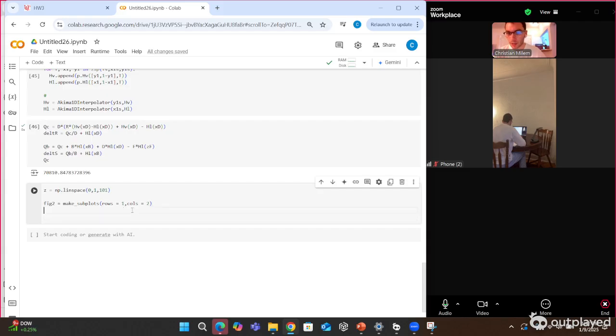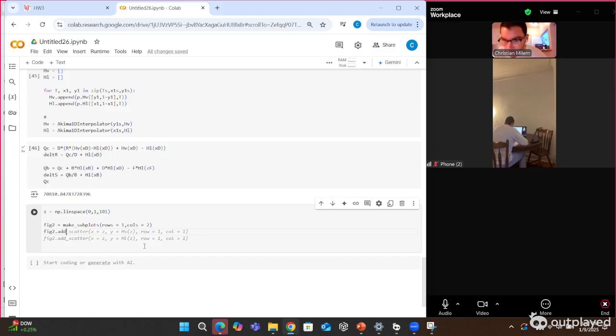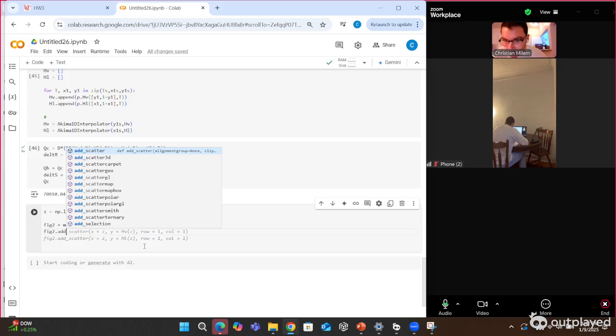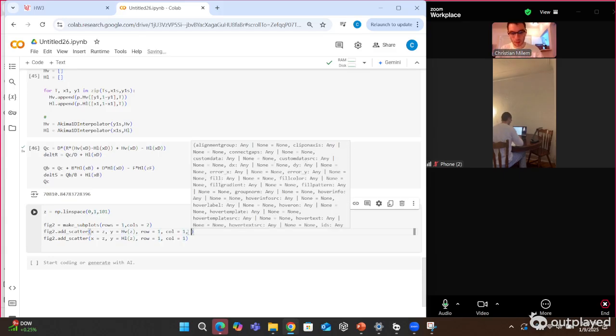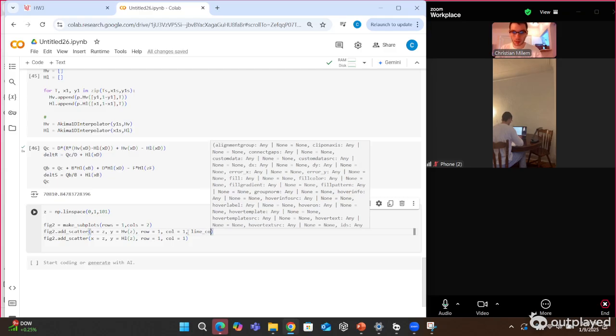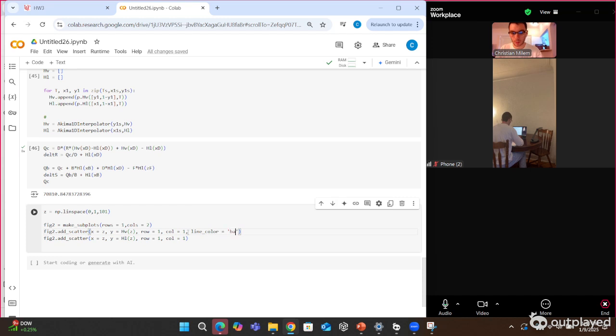And now we can make our outline. So we'll do fig2.add scatter. Did auto-generate already find it? Yeah, so that's what we're going to need, a straight line for our vapor and liquid. So let's go ahead, color, this one will be black.